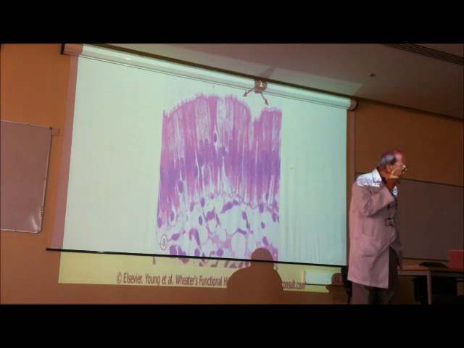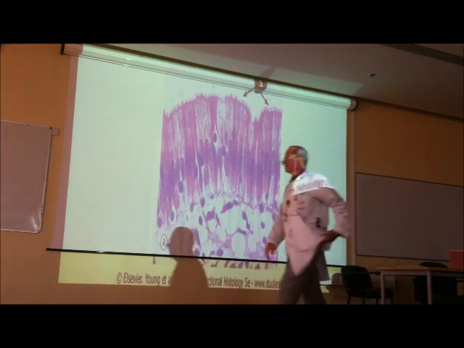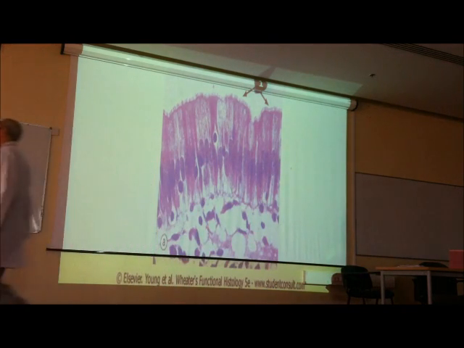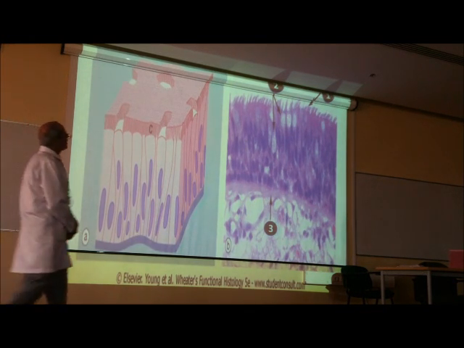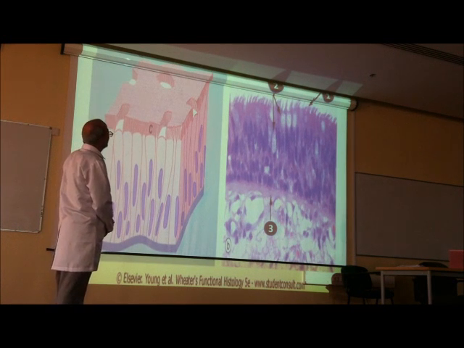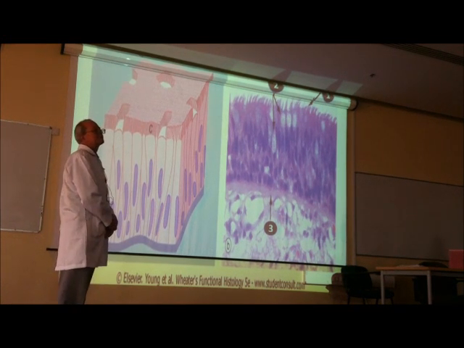Microtubules. Okay, what is the type of this epithelium? Columnar ciliated epithelium with goblet cells.